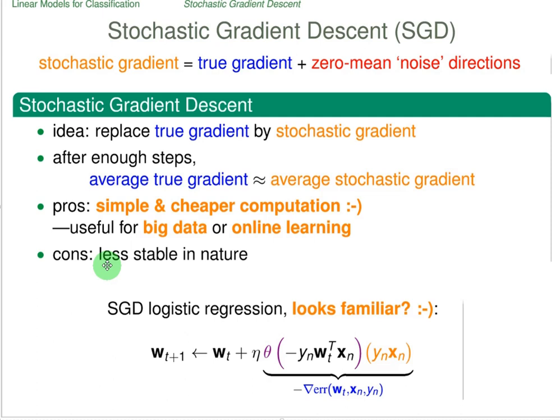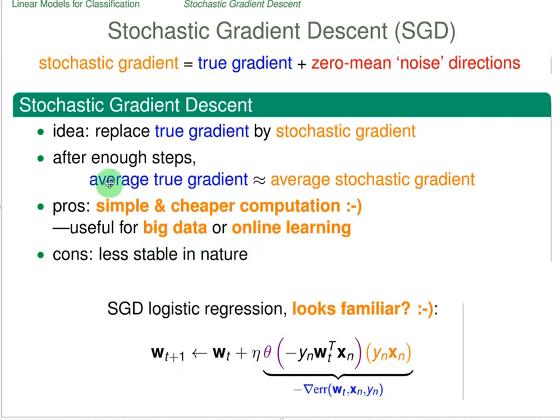This algorithm is useful for online learning problems, when you have data coming in sequentially, or when you have a huge amount of data. However, there are some cons related to stochastic gradient descent, which is its less stable nature, because it can get stuck near the optimum. However, there is a technique called ADAM, which allows us to overcome this.